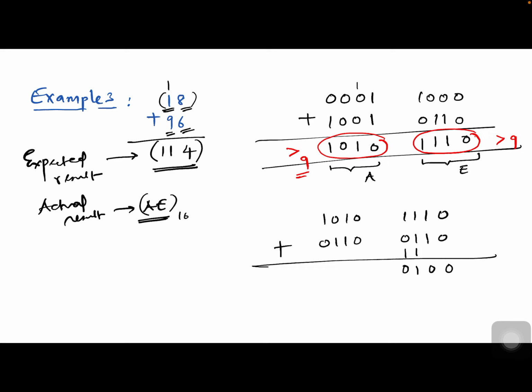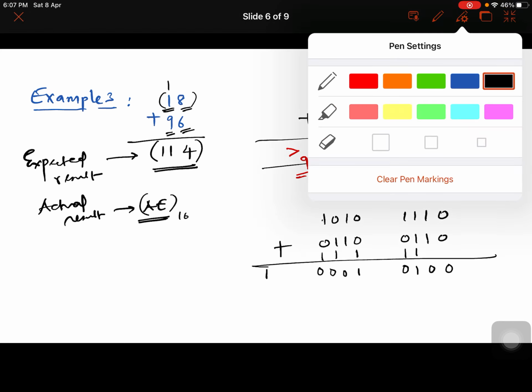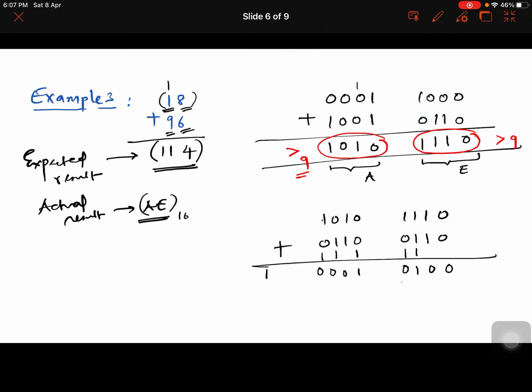Double 1, sum 0, carry 1. This is 1. 1 plus 1, 0, carry 1. 1 plus 1, sum 0, carry 1. 1 plus 1, sum 0, carry 1. Let me see what do I get here. Okay, so 0110 means 4. 0001 is 1. Carry is 1. Check it out. You're getting the result as 114, which is the same as the expected one.